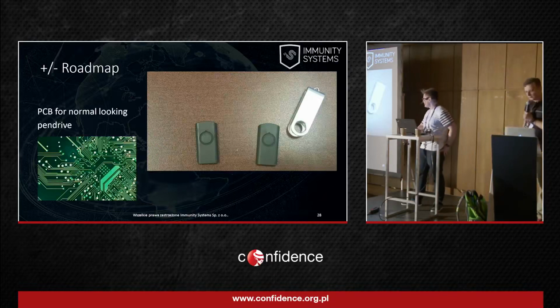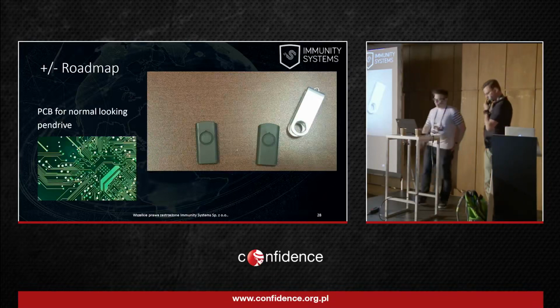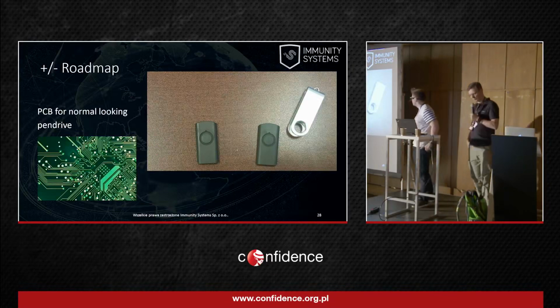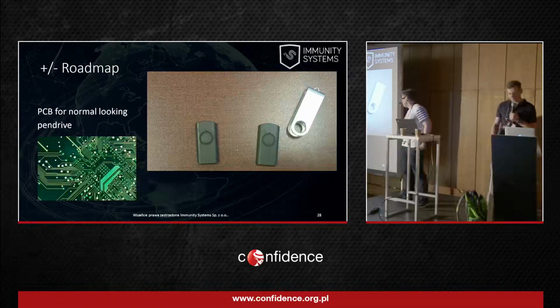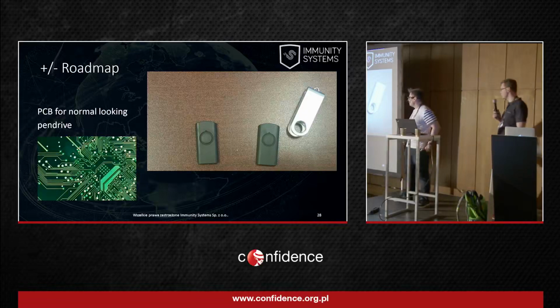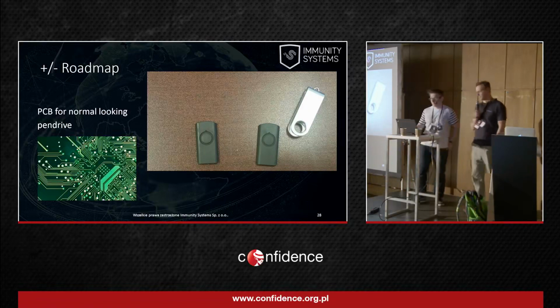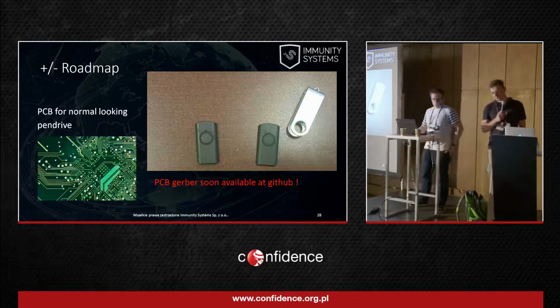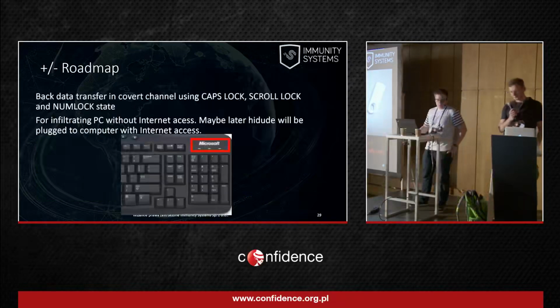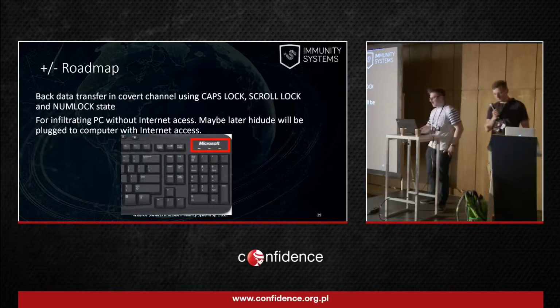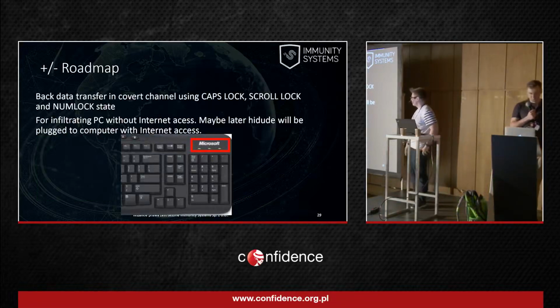Next thing is a PCB for a normal usual case that can also be bought at low cost, and the PCB is currently at the company that makes Gerber files, so it will also be available for you. Next thing is, of course, a way back to get some information from hosts.